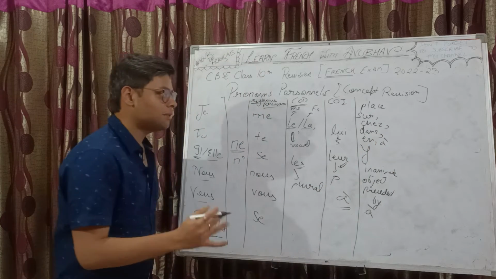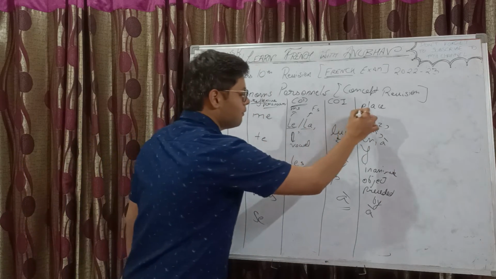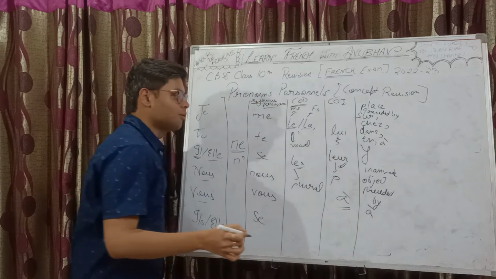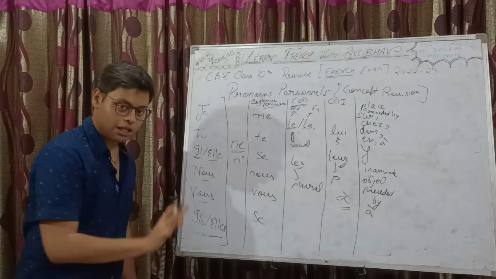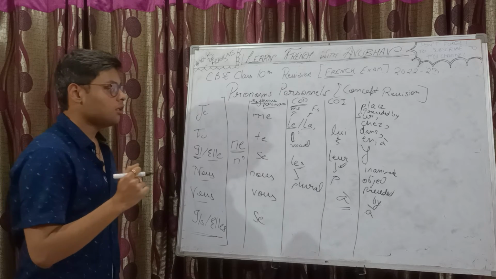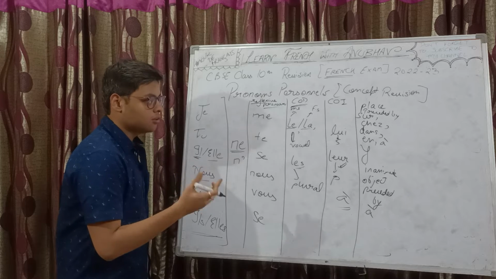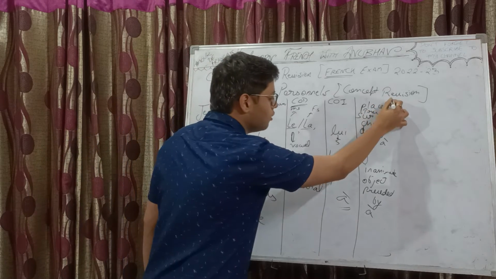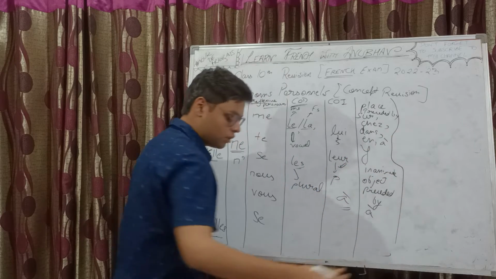So when a place is preceded by such prepositions, then also you are going to use the pronoun y, pronounced i, right? To be noted that when you are using y, the preposition is also replaced by it along with the noun, right?